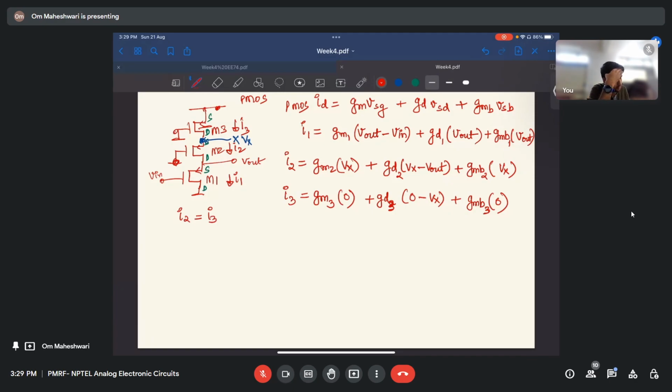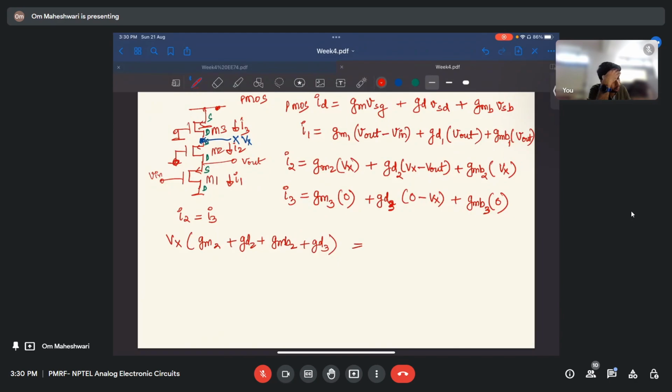So I'll take Vx common: gm2 plus gd2 plus gmb2. On this side also we have this. When I take it to the left hand side, this minus will become plus, so I will have plus gd3.